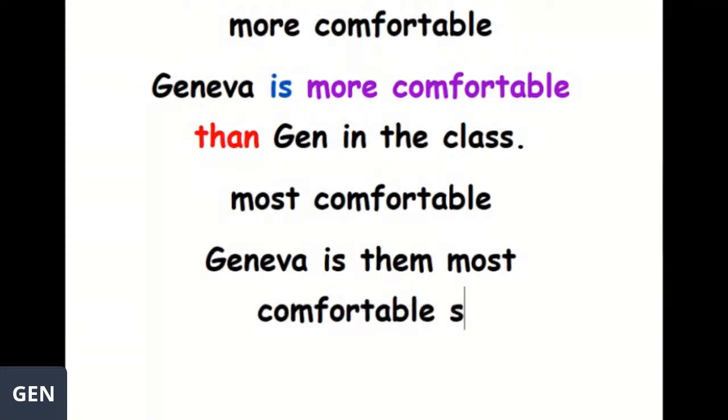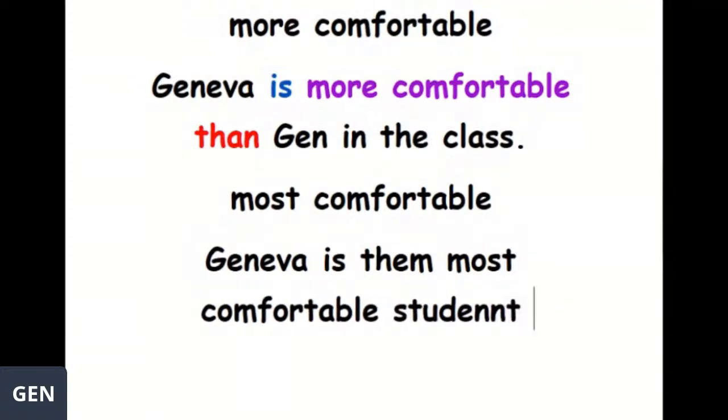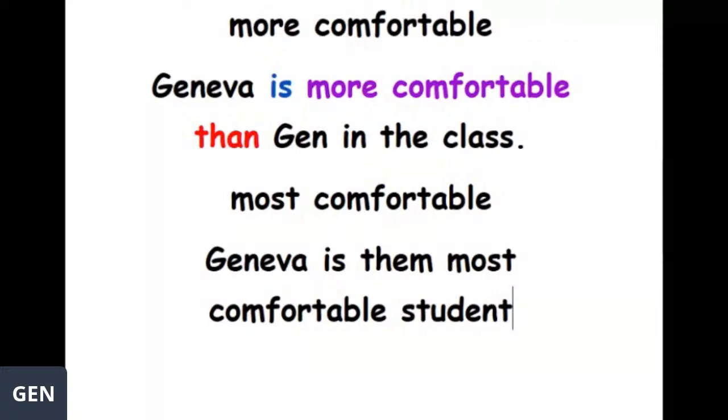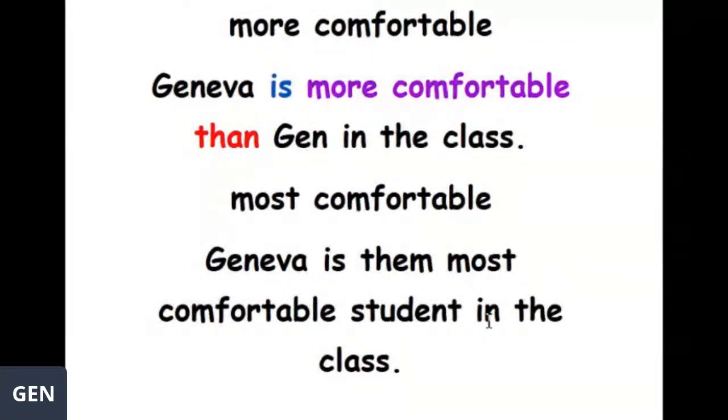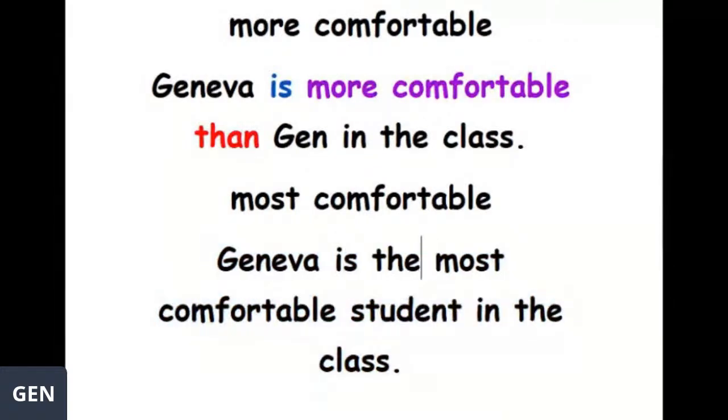I'm gonna use student in the class. So it's among all. She is the most comfortable. Geneva is the most comfortable, so I'm using is the.